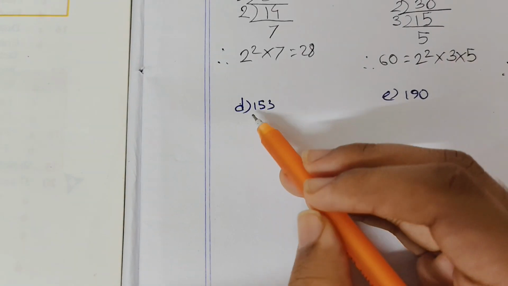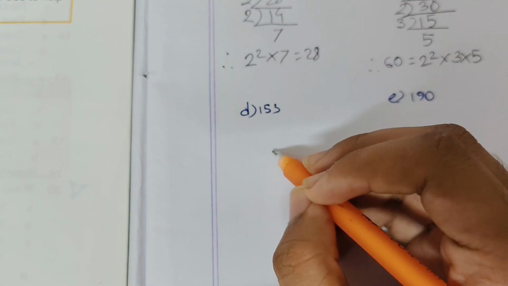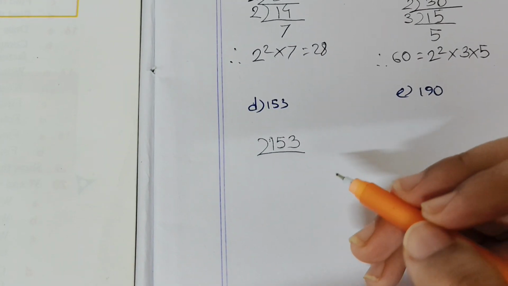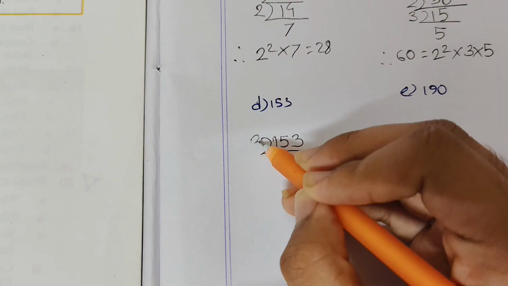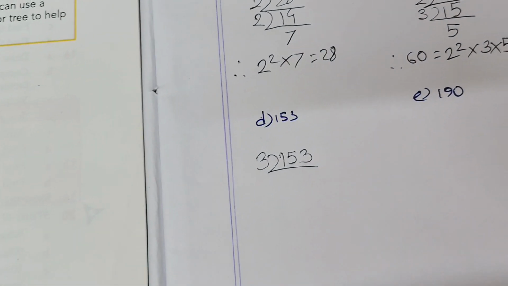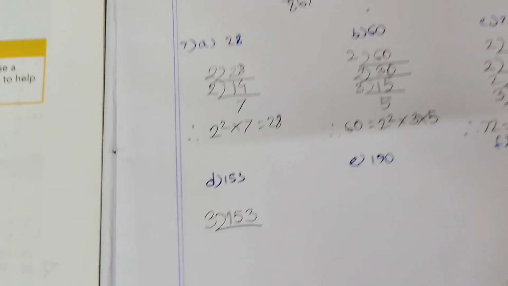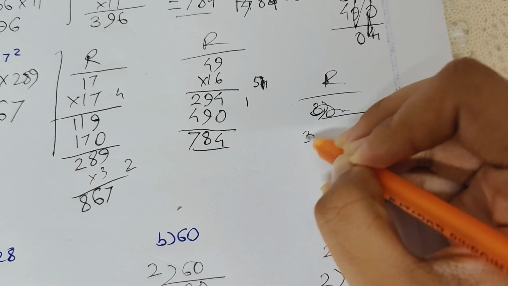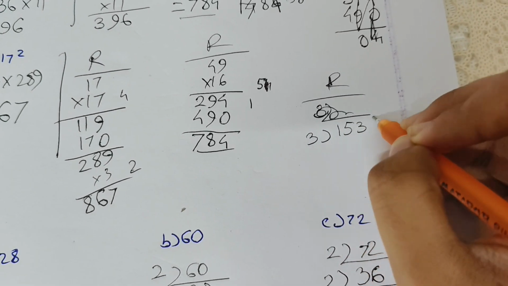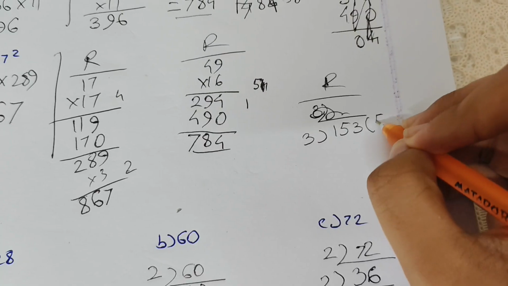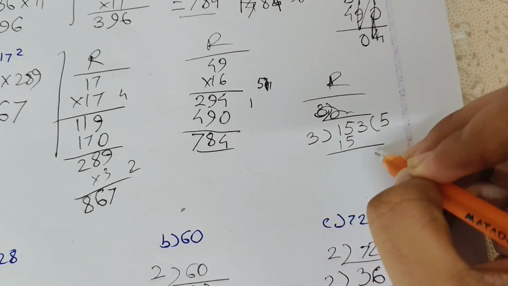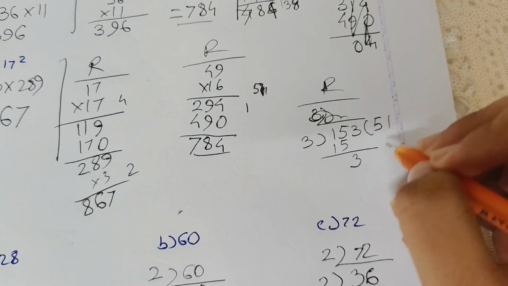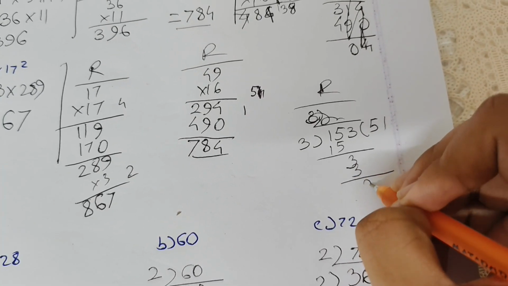In number D, we got 153. So we could divide this by 3. So how do we get it? A rough would be good. If we give 5, we get 15, which leaves us with 3. 3 multiplied by 1 is 3, 0.